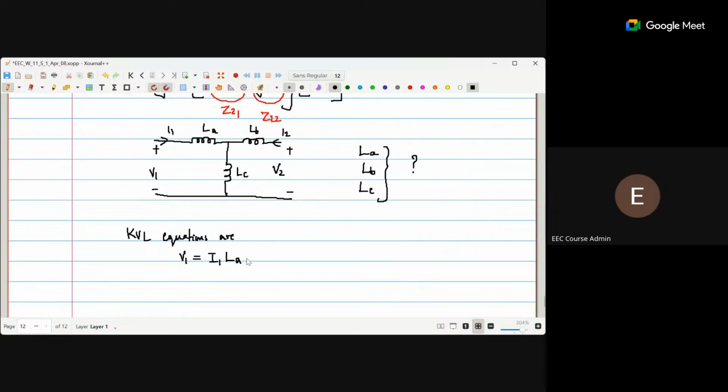Let me first represent this directly as an s-domain T network: sLA, sLB, and sLC. So here s I1 into sLA.